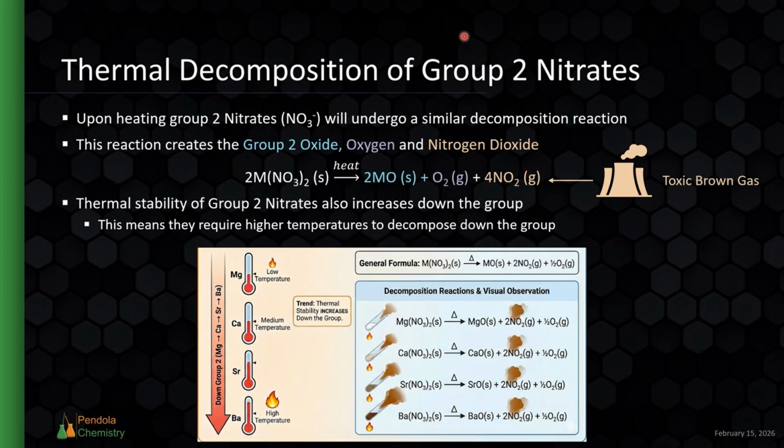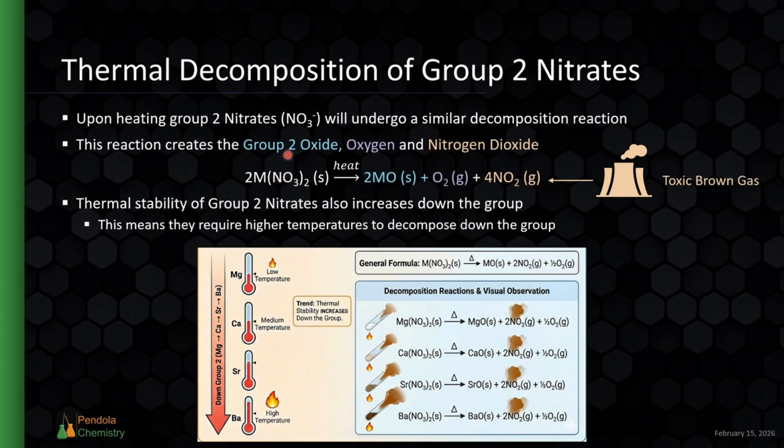Now, group 2 nitrates undergo a very similar reaction. The thermal stability of group 2 nitrates is exactly the same as that of group 2 carbonates. As we go down the group, the thermal stability of the group 2 nitrates increases, meaning it takes higher and higher temperatures for those compounds to start to decompose. The main difference is that when we heat the nitrate, which is NO3 minus, we have a 1:2 ratio between the group 2 metal and the nitrate.